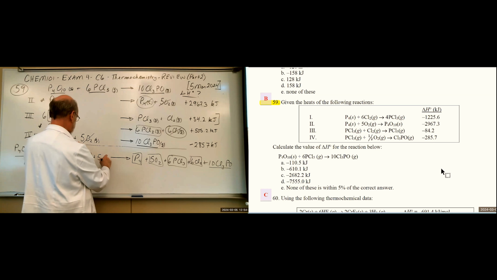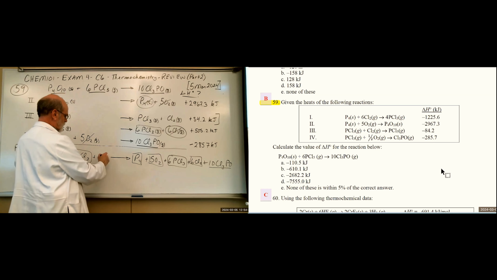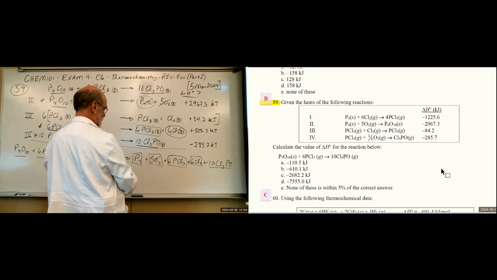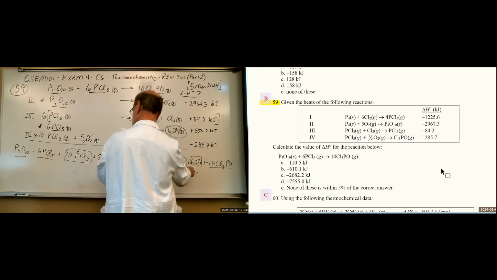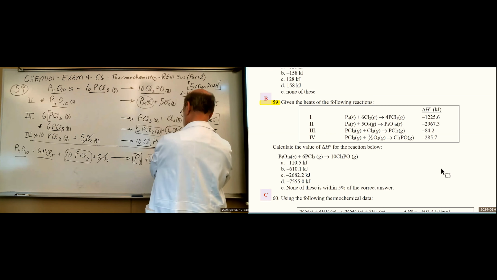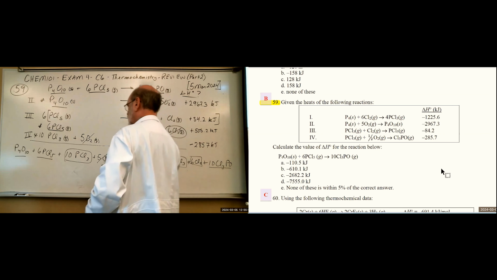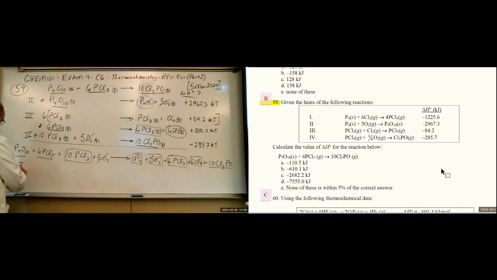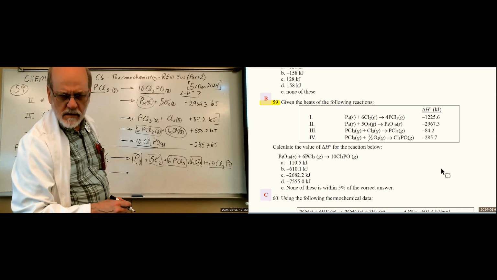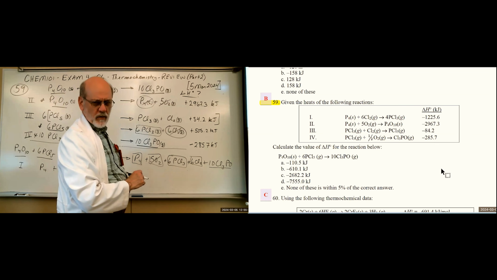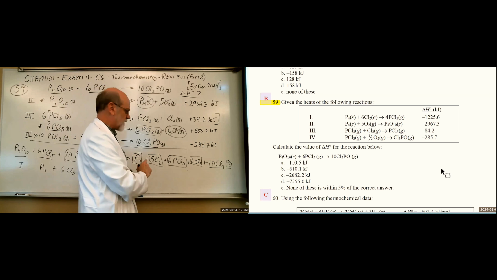That one. Okay, so the oxygens cancel. And then we put in number 1, which has P4 on this side, P4 plus 6 Cl2 yields 4 PCl3.